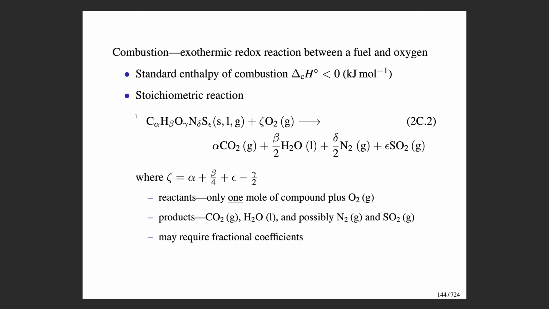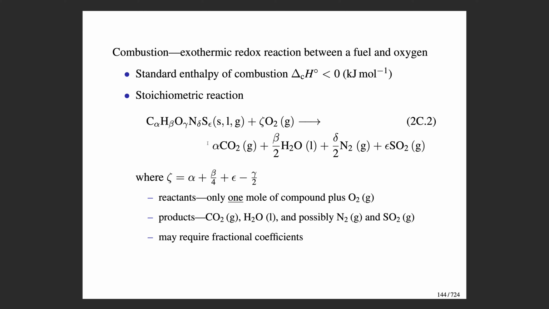First, you want to have on the reactant side only 1 mole of your compound, and then plus oxygen. These are the products, okay? And in order to balance this equation with just 1 mole, you may end up with fractions in the chemical equation, and that's okay. You need to keep those fractions.